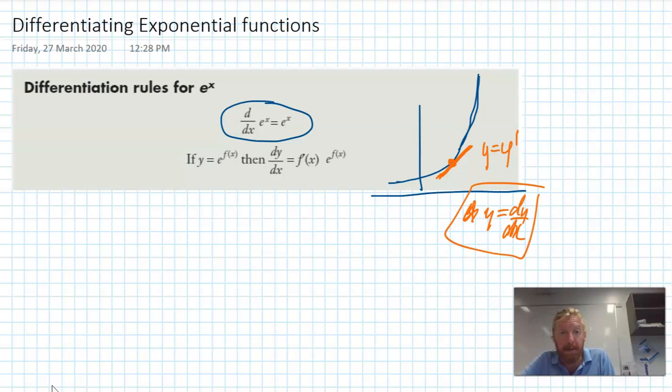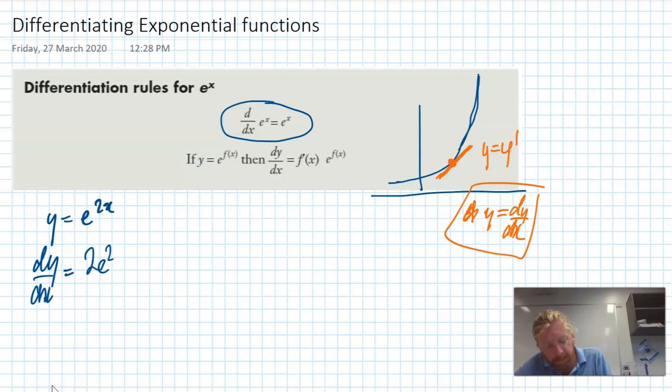We might have even done some simpler ones. If we had y equals e to the 2x, I could say that dy dx equals 2e to the 2x, because the derivative of that pops out the front. Now today we're just going to extend it to any function, really. So if I go e to the any function of x there, that derivative falls down the front.